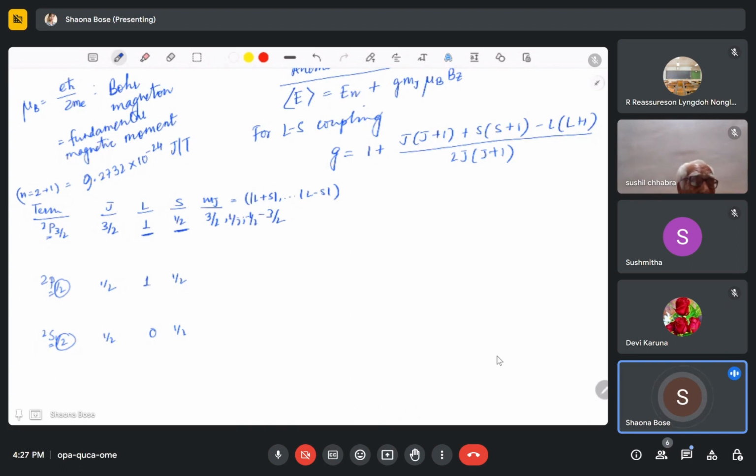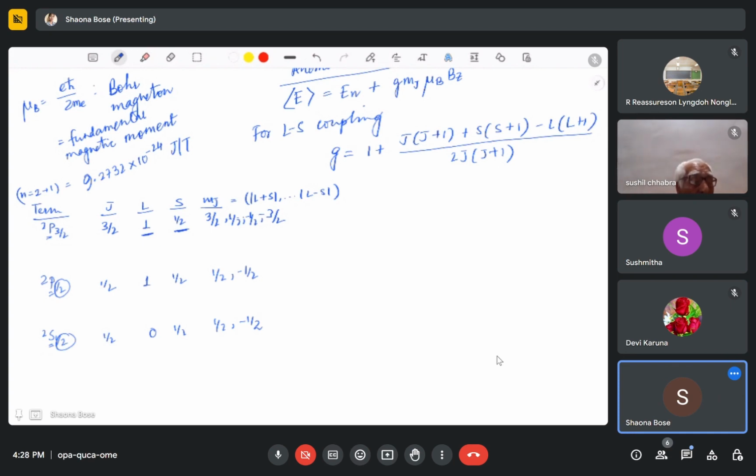So it will run till minus 3/2. In between, 1/2 and minus 1/2 are there. Similarly, for 2p1/2, only two values, 1/2 and minus 1/2. Again, for the 2s1/2 term, we just have two values.